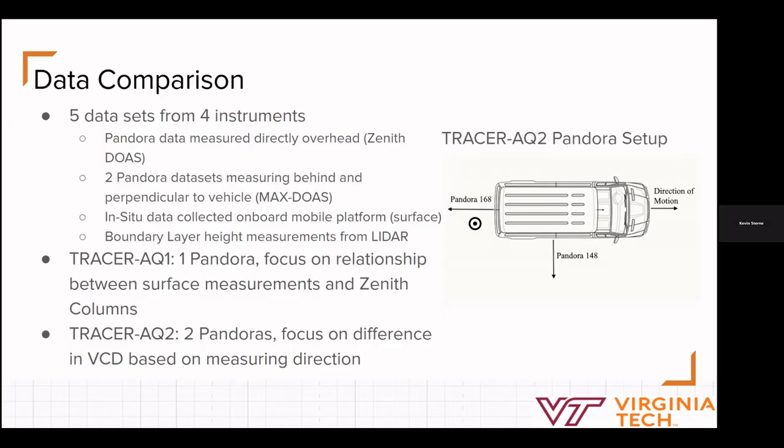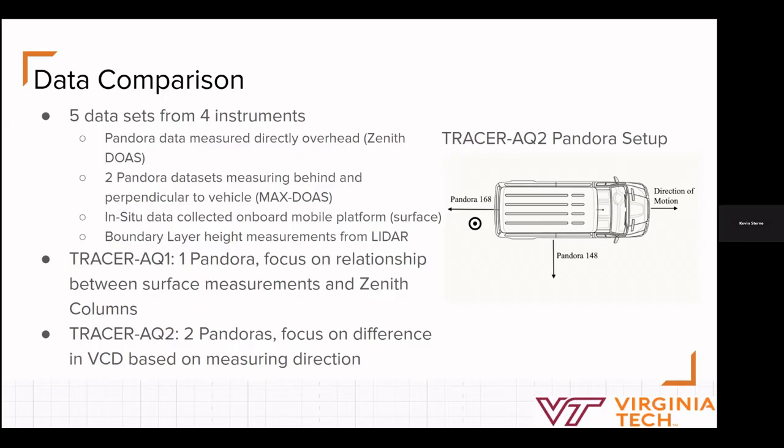So this includes 2 Pandora instruments, one taking MAX-DOAS measurements in a fixed location, looking behind the lab, and another on a mobile platform, just a van or a vehicle really, looking at emissions along the path of the road that was previously traveled by this vehicle, with another instrument looking perpendicular to the vehicle to look at off-road emissions such as from industries.